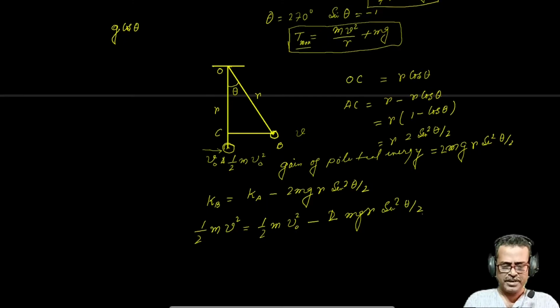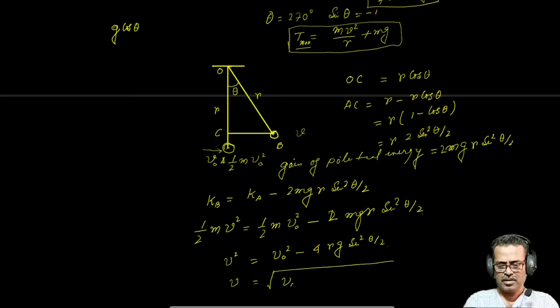So v square is equal to v0 square minus 4 rg sin square theta by 2. So v is equal to root over v0 square minus 4 rg sin square theta by 2. This is a very important formula for joint entrance.